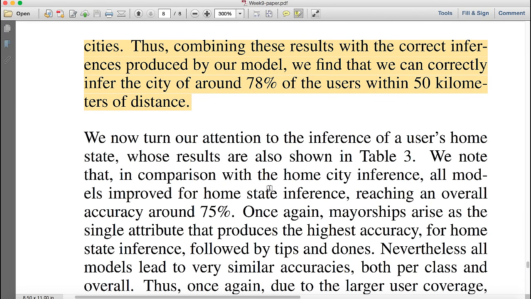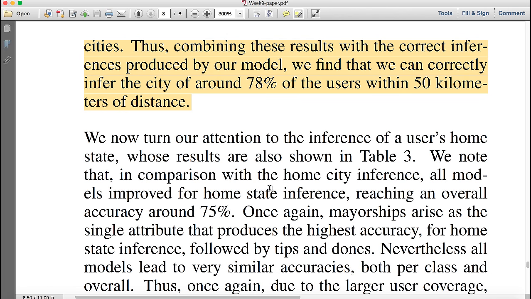If you take this model, the authors claim that 78% of the users are within 50 kilometers of distance. What they're saying is, combining these results with the correct inferences produced by our model, we find that we can correctly infer the city of around 78% of the users within 50 kilometers.